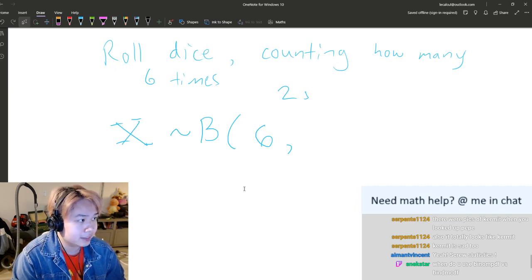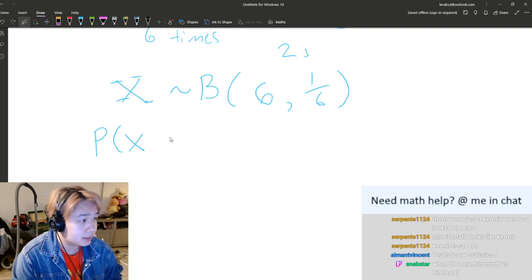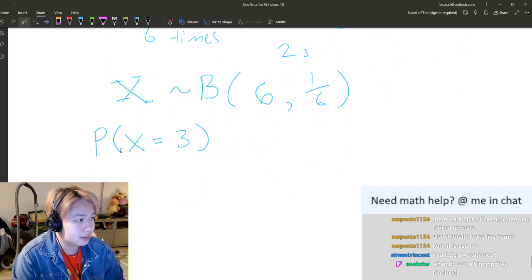You have 6 trials, and the probability of getting a 2 is 1 out of 6. So now we can ask the question, well, let's say you roll the dice 6 times, and we want to find out what's the probability of getting 3 2s in 6 dice rolls. So then this is a binomial PDF.